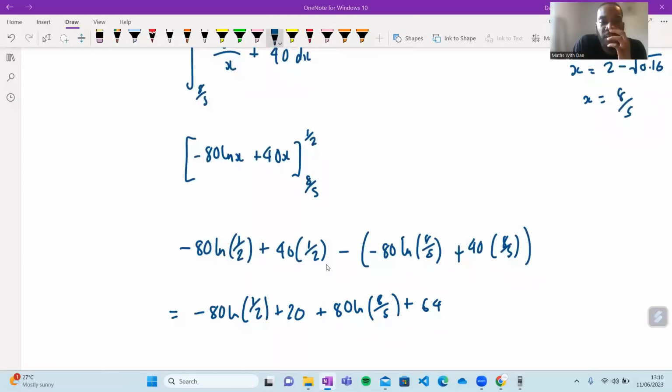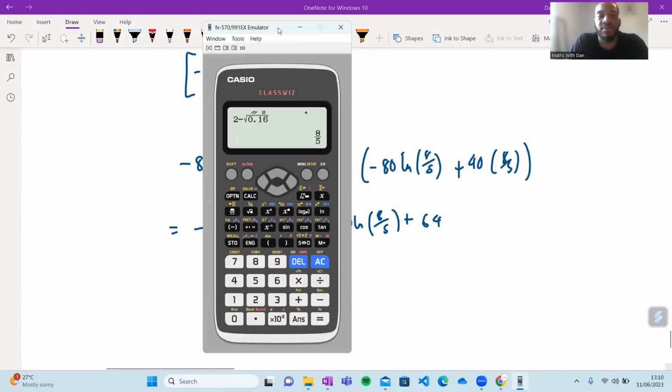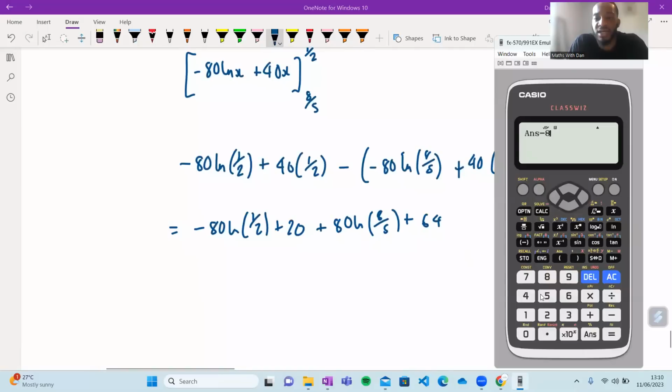We just plug this all in, and then this will give me the answer, hopefully. So just plug this all in, and then minus 80 ln 1/2.